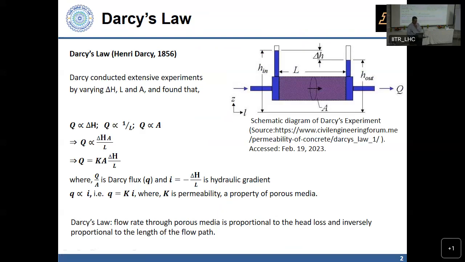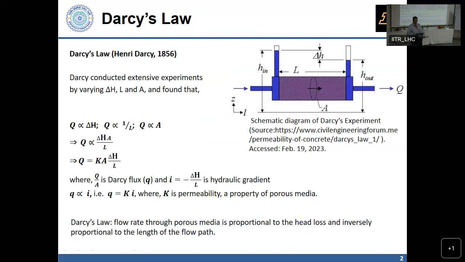All this combined into one basic law, which says Q equals K, a proportionality constant which we will call hydraulic conductivity, times the area, the entire cross-sectional area, times delta H over L. Delta H is the head difference over a distance L, so delta H over L is the rate at which head loss is occurring in the porous media. We call that the hydraulic gradient.